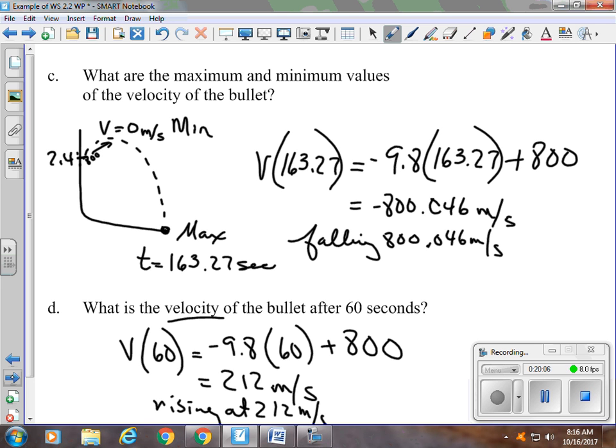If you take the velocity formula, negative 9.8t plus 800, and set it equal to 0, basically you're just dividing 800 by 9.8, because if you move the 800 over, it'd be negative, right? And then the two negatives will cancel out. So you're just saying 800 divided by 9.8, and that'll tell you what time that velocity happens.